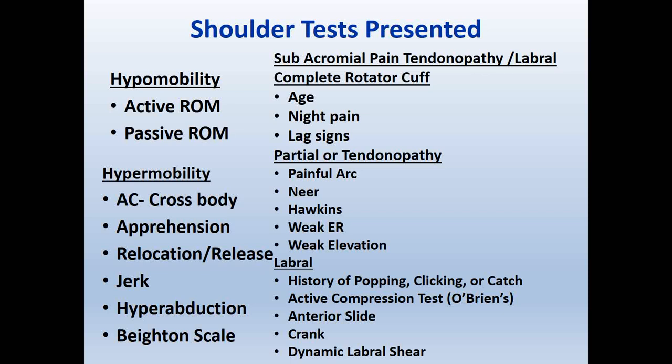If the history of popping and clicking is there, plus the active compression test or the anterior slide, you have a pretty good comfort level that they might have a superior labrum tear. The dynamic labral shear test is a newer test that wasn't part of that original study, but by itself has some good evidence to suggest that it's good for identifying people with superior labral tears.